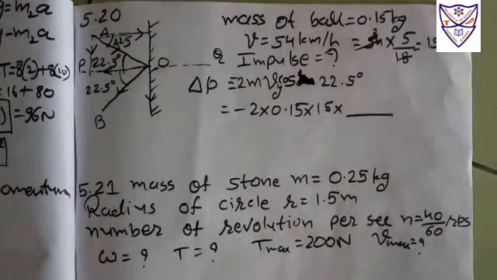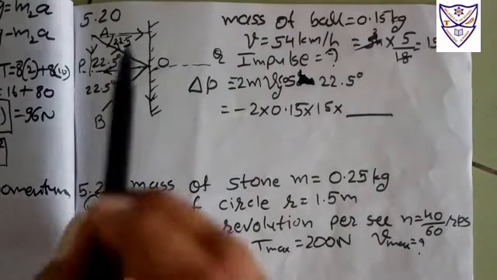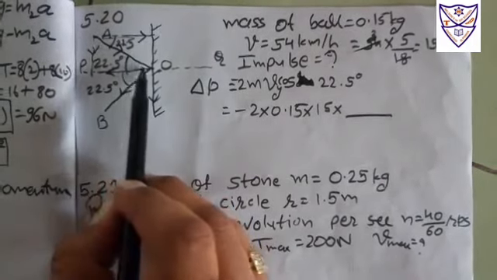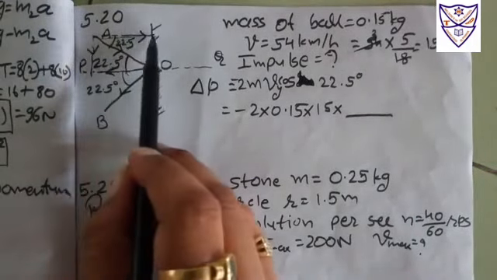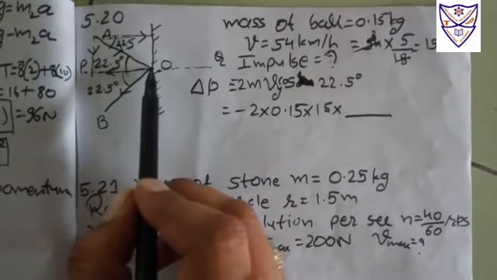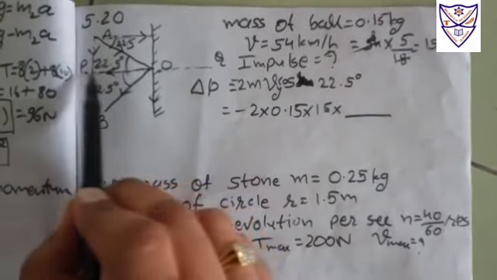Now we need to find the impulse. What is impulse? Impulse is exactly the change in momentum, right? So see here, if I draw the projections of this particular ray, we get horizontal and vertical components like this. Same, we get vertical and horizontal like this.